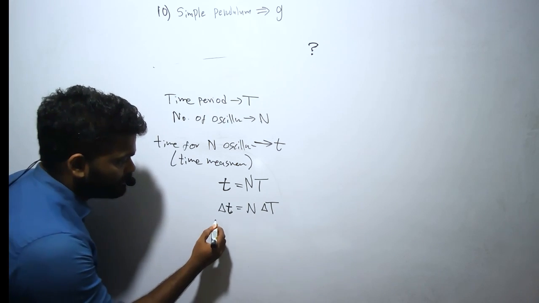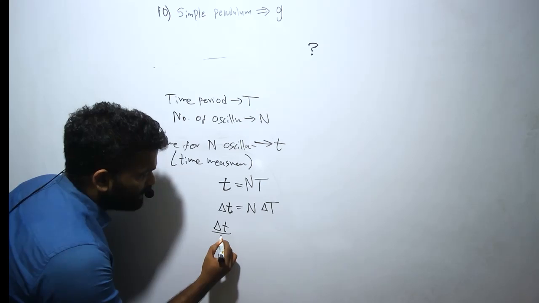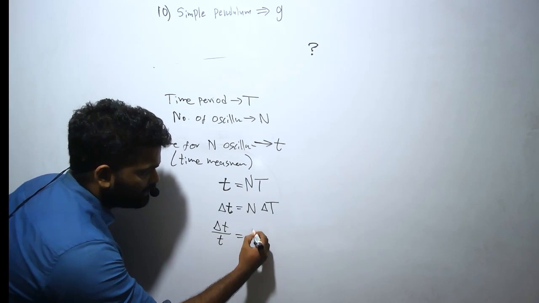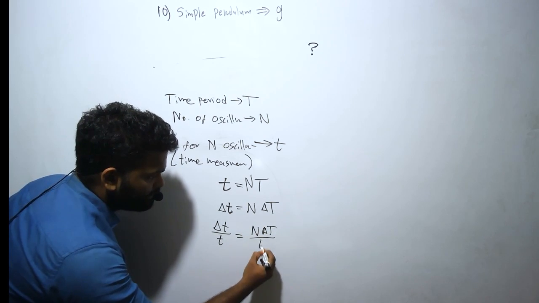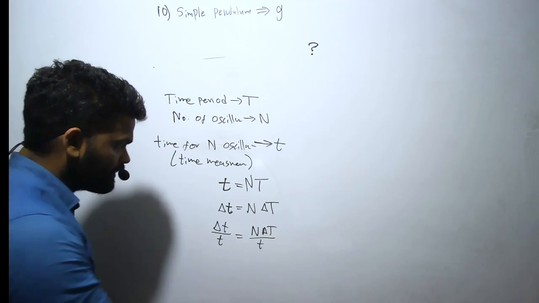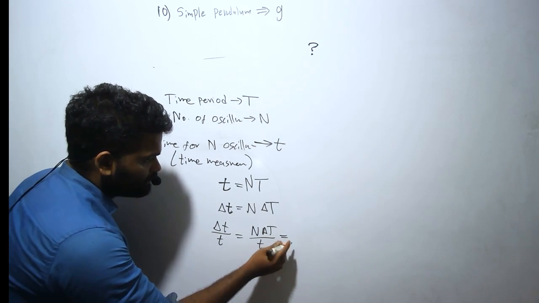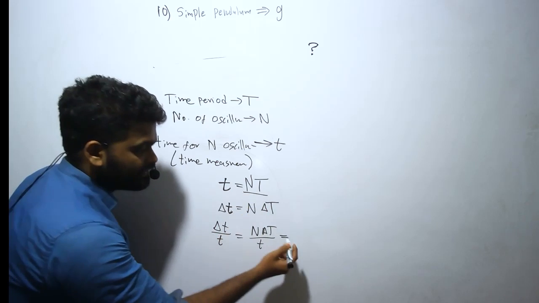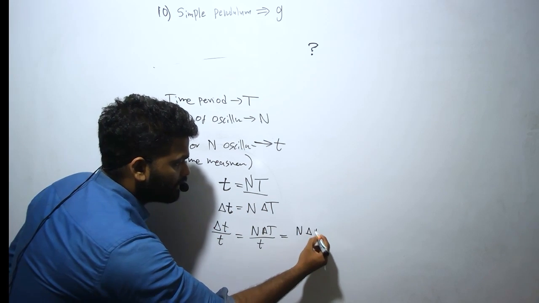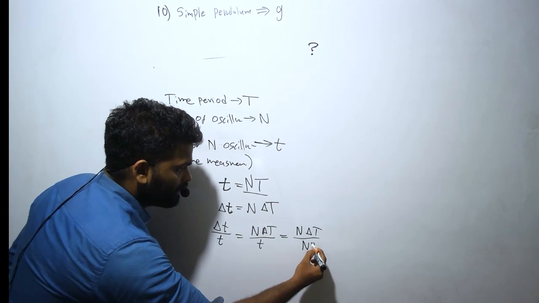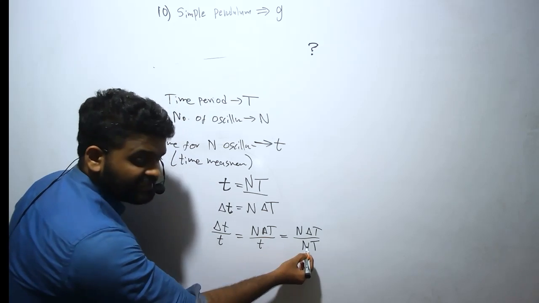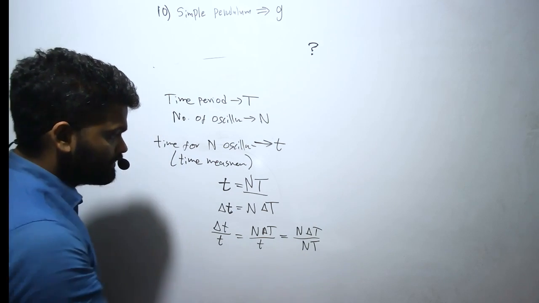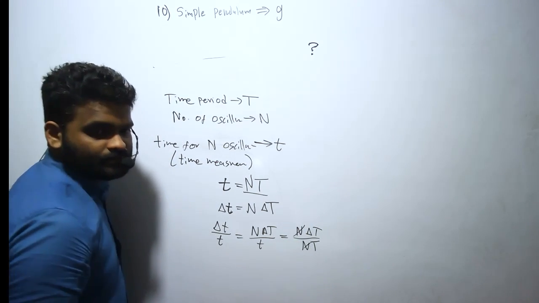Then what I'm going to do is divide this equation on both sides by simple t. Instead of simple t, I can substitute what? Capital N T. N cancels off.